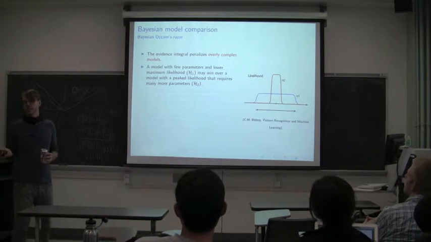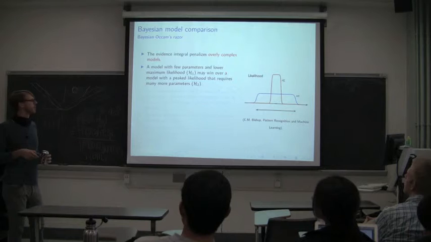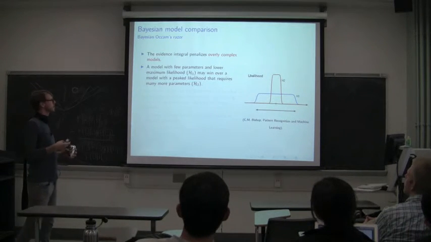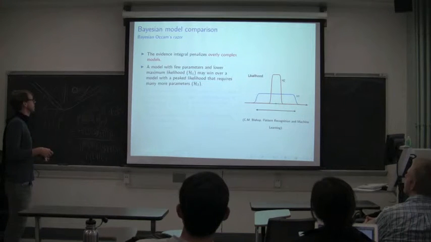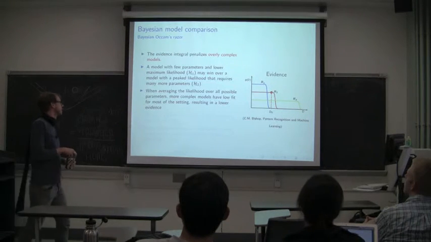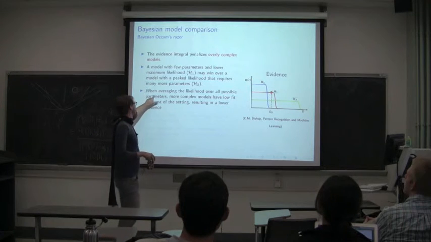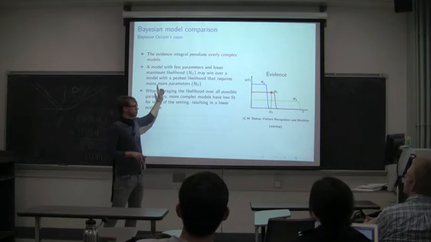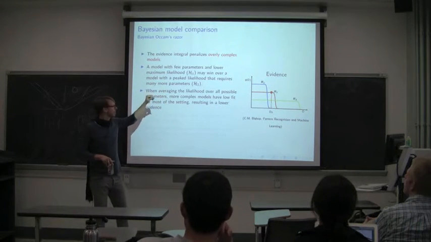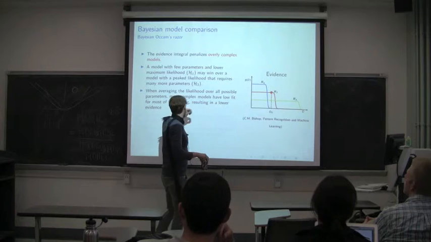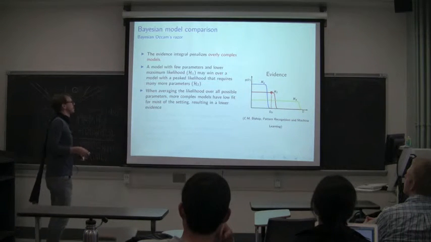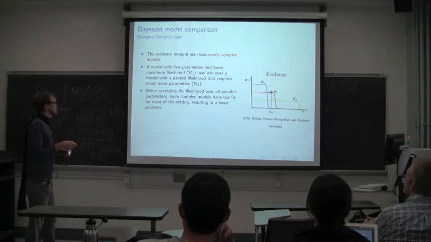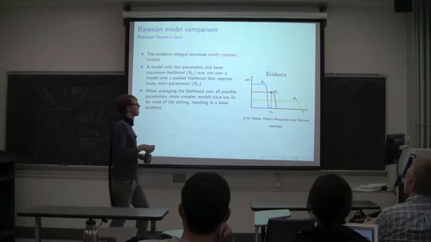But if you go to a different data set with this parameter, it will probably not perform very well, where H1 might not perform that well on one data set, but might be more robust. So if we average the likelihood over all possible parameters, where before we only looked at one parameter, then more complex models will have a low fit most of the time, and this will result in a low evidence.